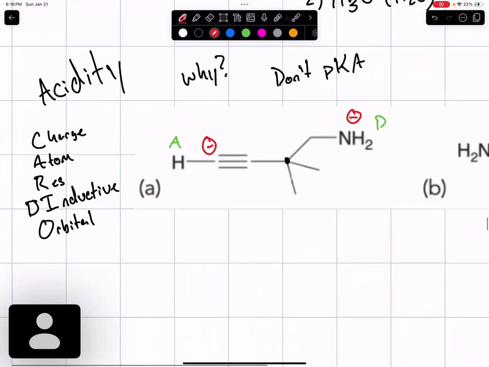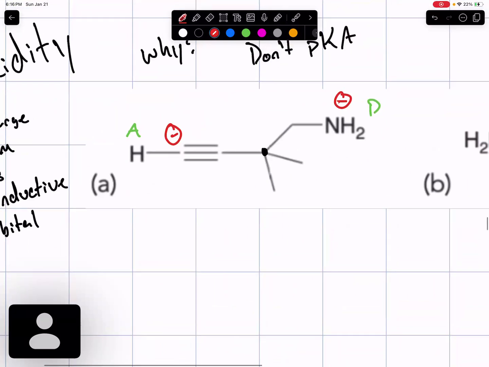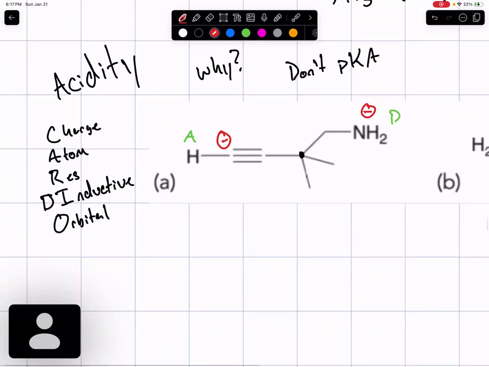Remember, if you don't have a pKa table, you use the ARIO rules or the ARIO rules. What do you think has more importance? Is it the orbital or is it the atom?